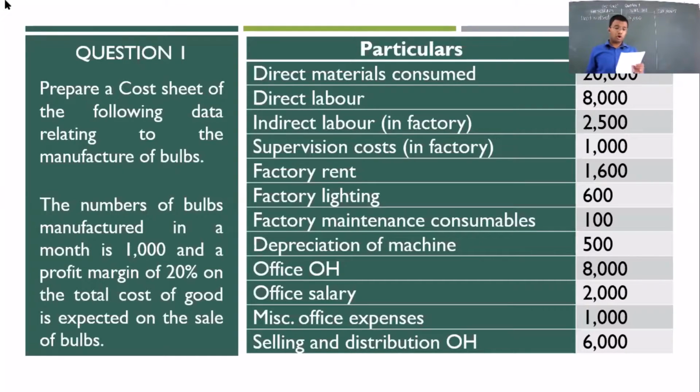In this question, we know that the total cost given to us is for 1,000 units of bulk, so the unit is known and it will be easy to calculate cost per unit. Cost per unit will be 20,000 divided by 1,000, which makes it 20.